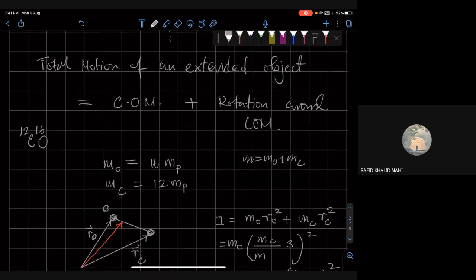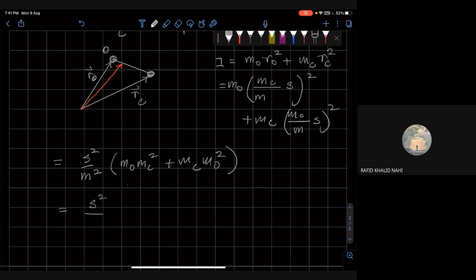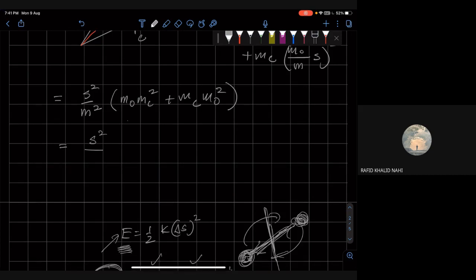M is 16 plus 12. 16 plus 12 is 28. Yes, 28. So this will be 28 squared MP squared.